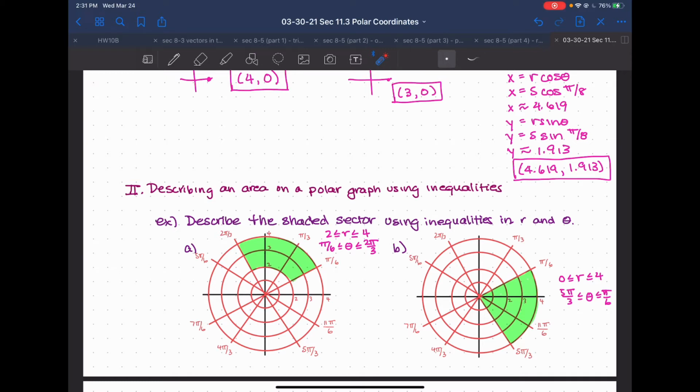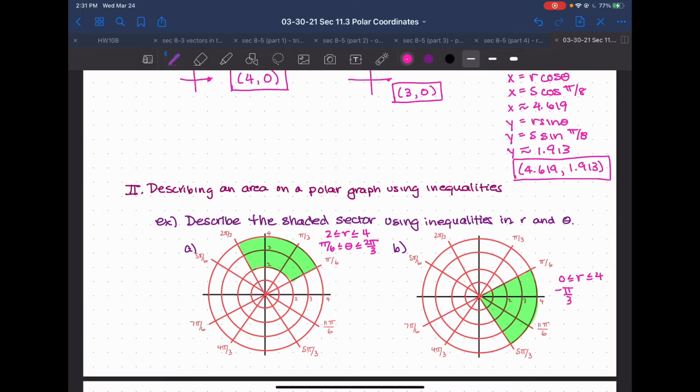So what you want to do is think about what the equivalent angle would be in the negative direction. And so this is negative pi over 6. So if we start at negative pi over 3, we increase to 0 to positive pi over 6. That would work.